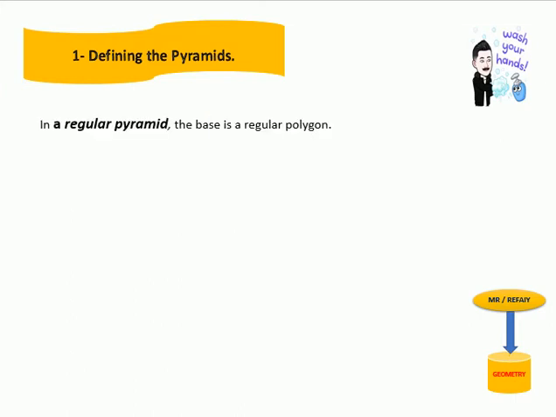What does regular pyramid mean? A regular pyramid is a pyramid in which its base is a regular polygon, like an equilateral triangle, square, regular pentagon, regular hexagon, and so on. For example, this pyramid, its base is an equilateral triangle, so we call it a regular pyramid.